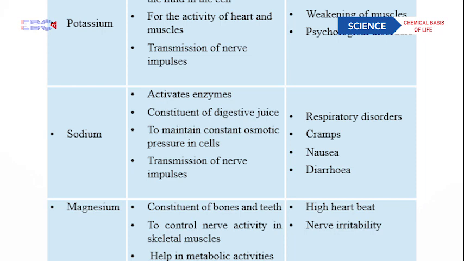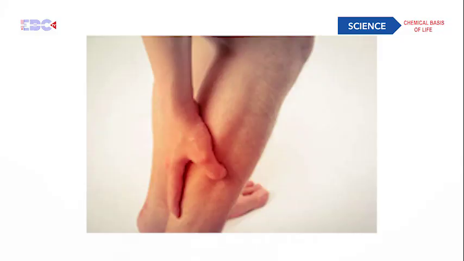So the deficiency symptoms: respiratory disorders. You may have difficulty in breathing, such disorders may occur. Then cramps, right? I have given an image, so this image shows the cramps. Normally cramps are the painful involuntary contractions of muscles. Next, nausea.